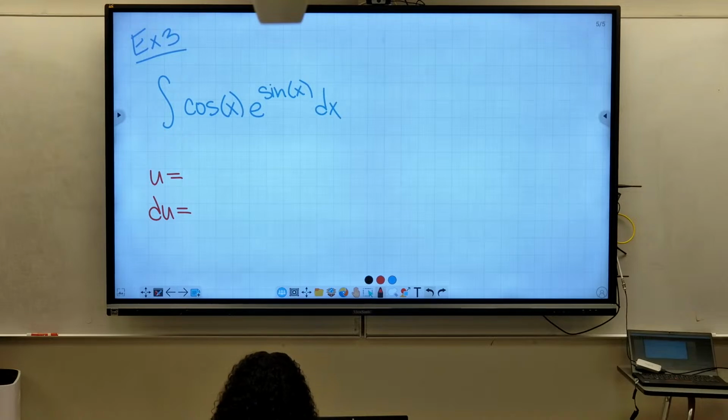So identify what should be u, what should be du. And if we did it correctly, it should turn the function into something that is a little bit easier for us to look at.